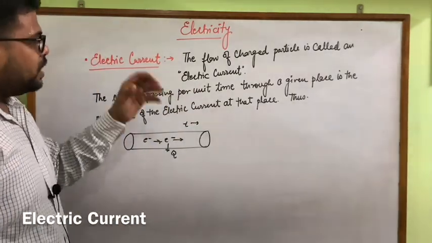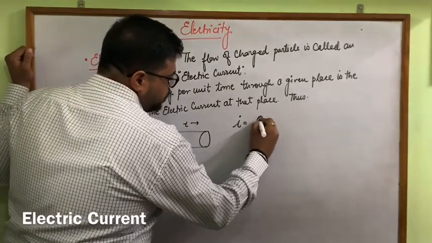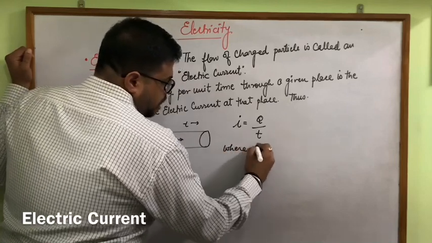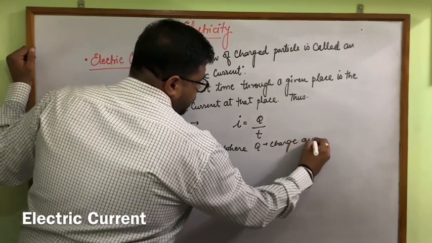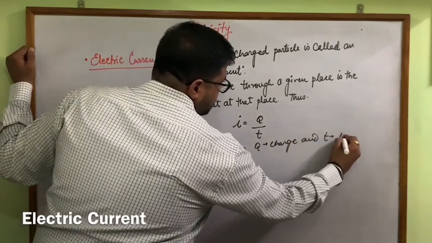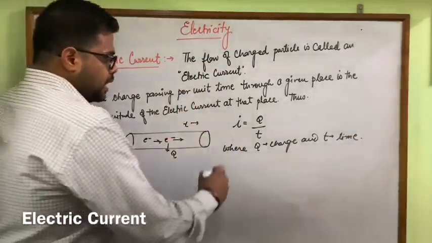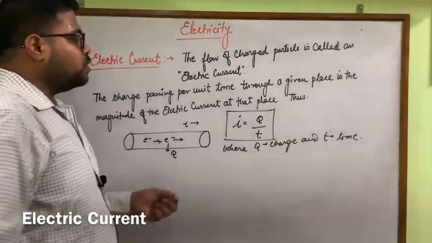So here we can write the electric current I equals q by t, where q is charge and t is time.